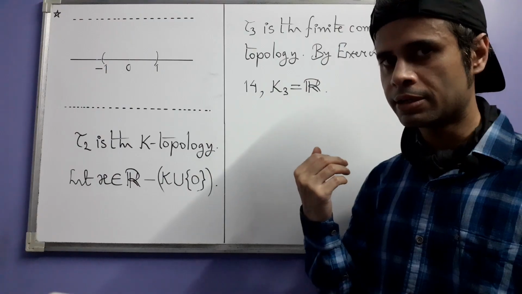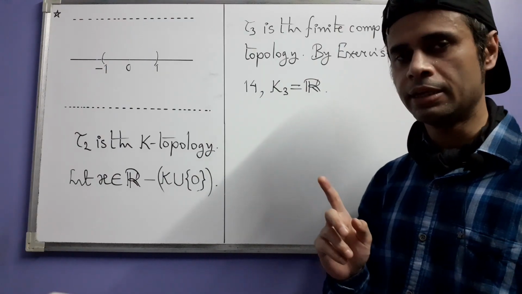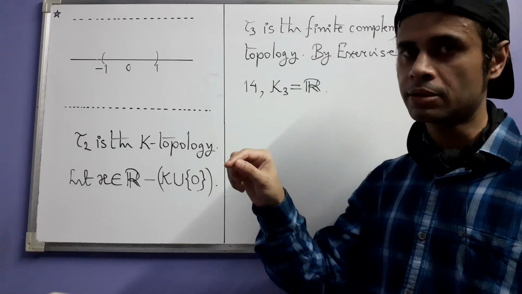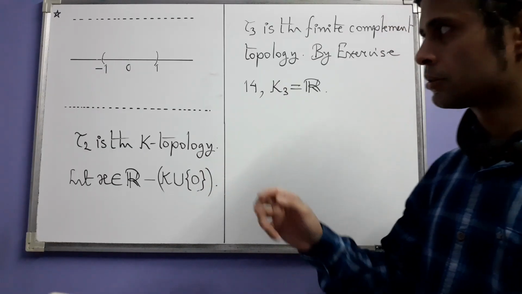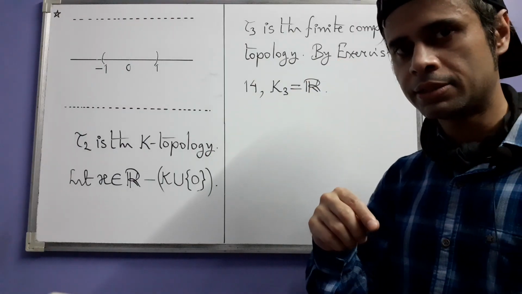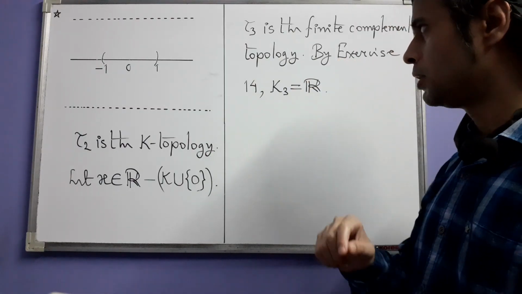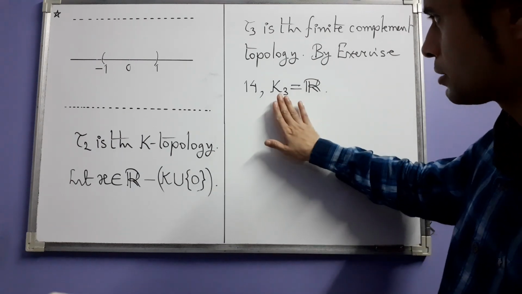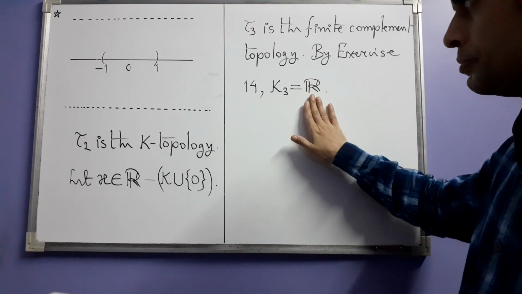Term means at least one element of the set K to be in the neighborhood for that point to be in the closure of K. But then that just implies that no matter what real number you have chosen, that will belong to the closure of K in the finite complement topology. So that's why K3 is R.